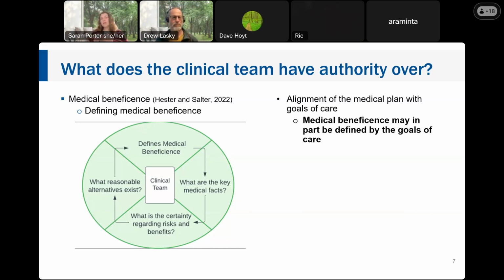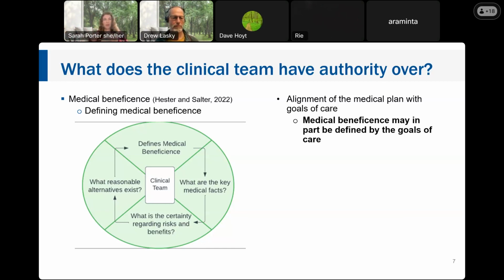We also want to ensure that the medical beneficence is placed into the context of the goals of care. So if a child is terminally ill or has really complex needs and maybe is on hospice care, their goals of care are going to look really different than a healthy child that's presented to the hospital with a specific concern.